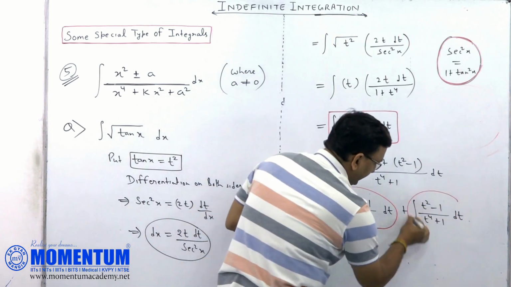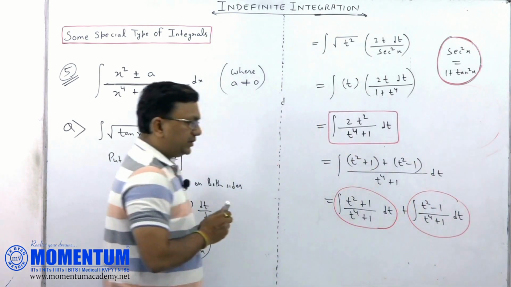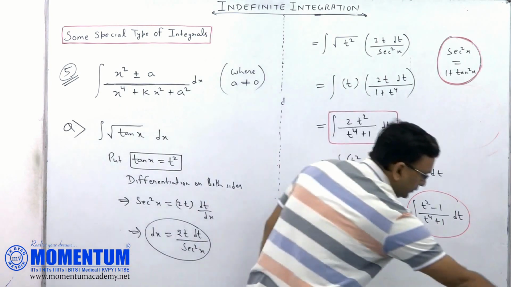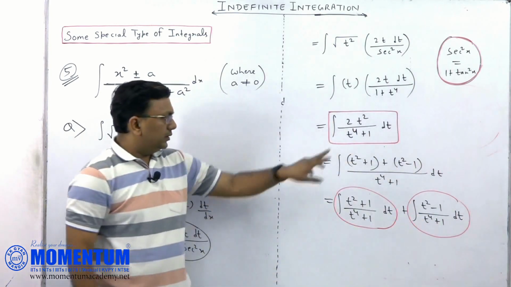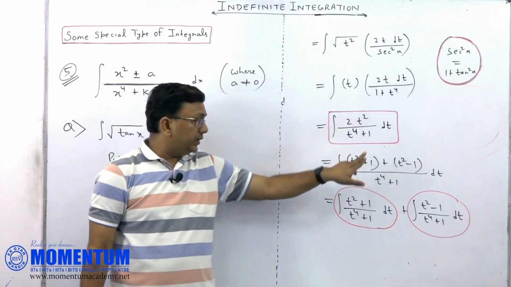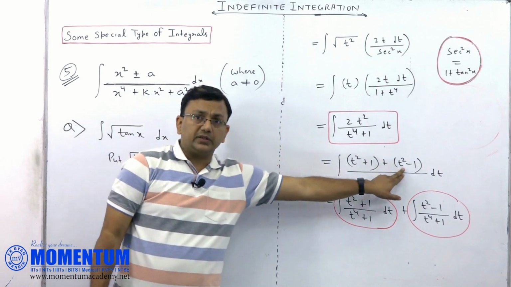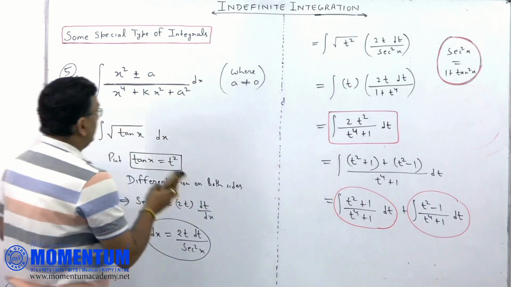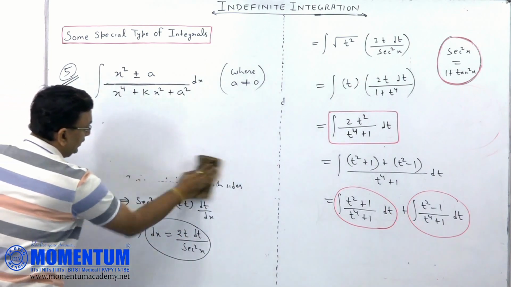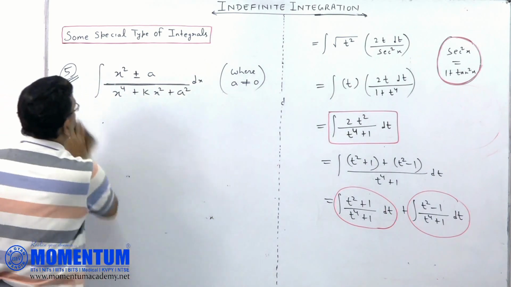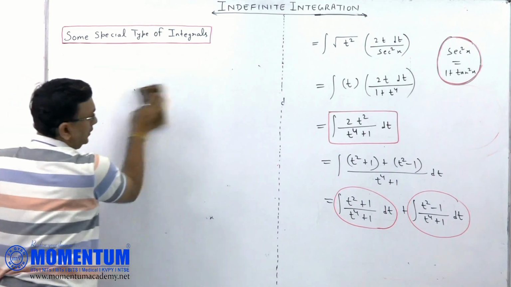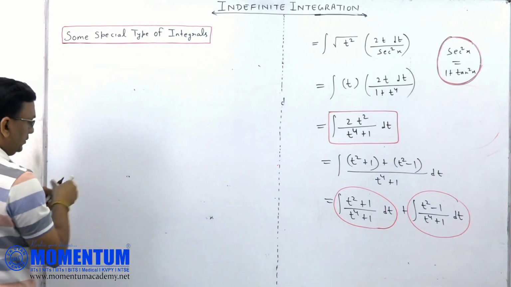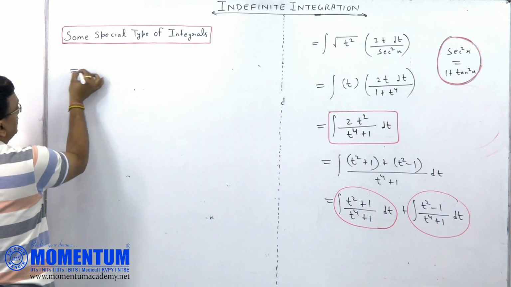Now both of these integrals are special integral number 5. 2 times t square can be written as t square plus 1, t square minus 1. Now separating integral in two parts, we have 2 special integral number 5. Now we have to complete both of these integrals.